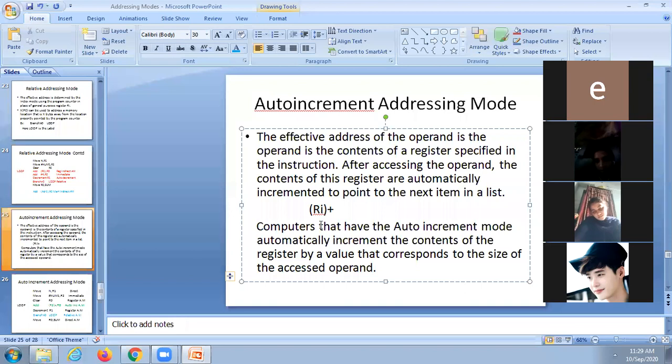Here, the computers that have the auto increment mode automatically increment the contents of the register. What does this register contain, data or address?